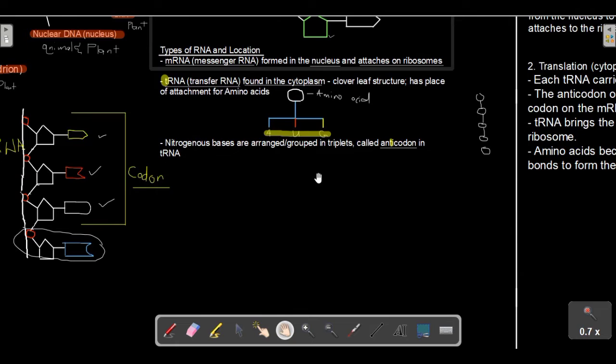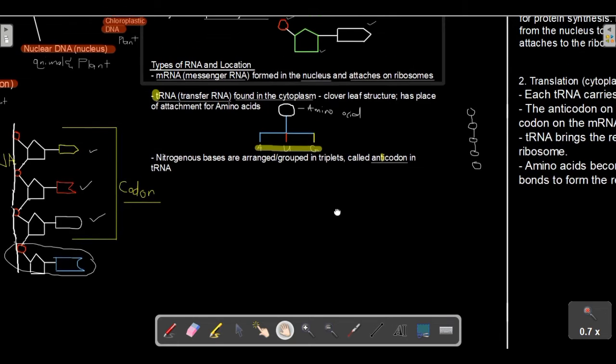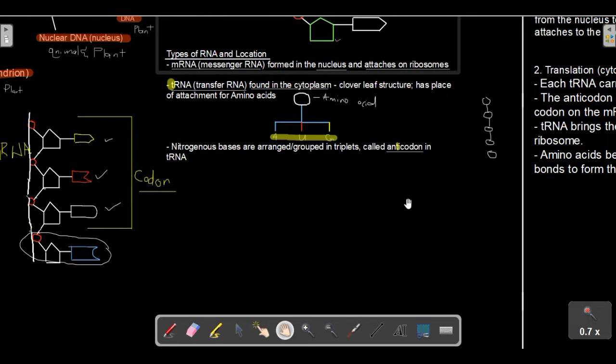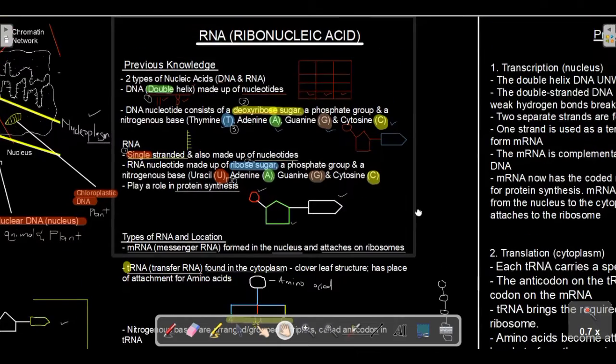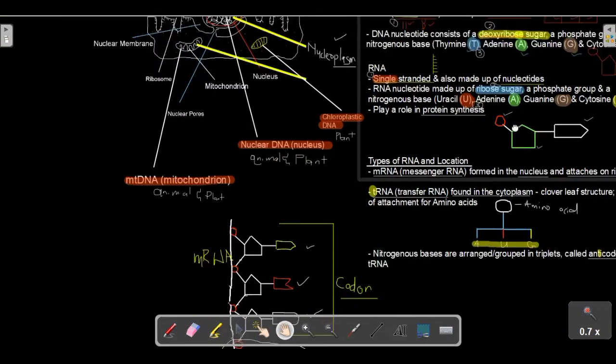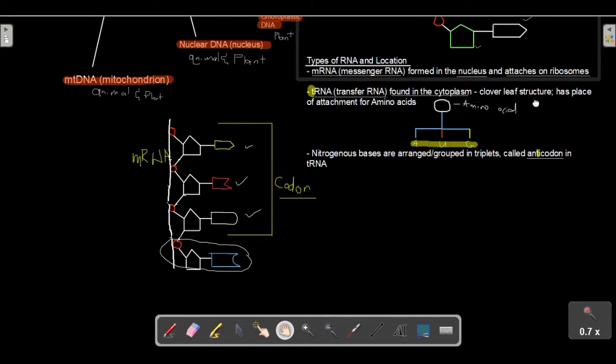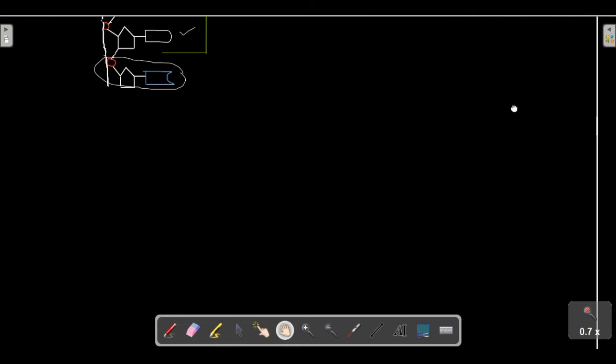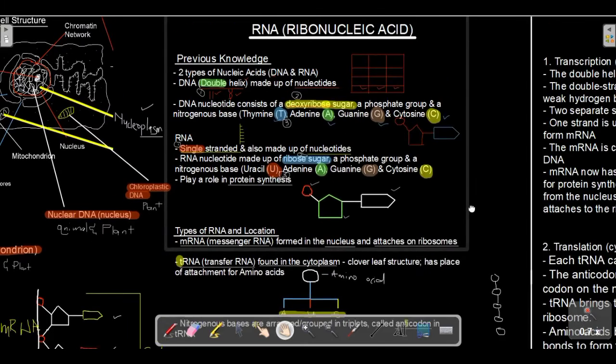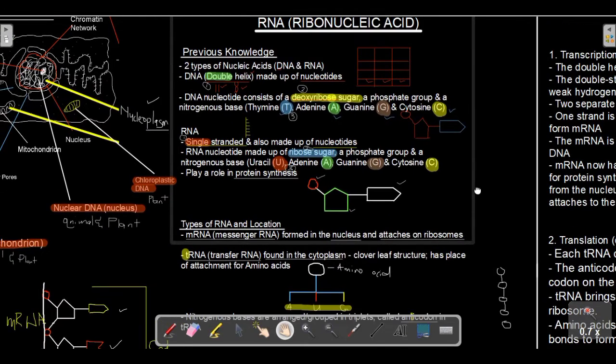So I hope maybe it does sort of help you in remembering, because you can struggle with remembering terms. These guys, everything that I've just mentioned is very important. So I need you to really study that, take it to heart, and you will get full marks. I'm telling you. Okay. Right, so let's move on then. Okay, so that is your RNA, guys. That is everything you need to know.